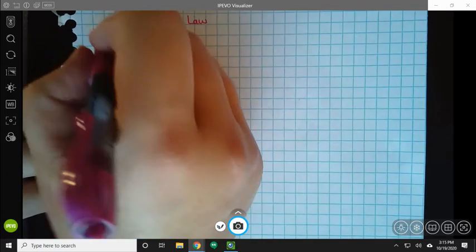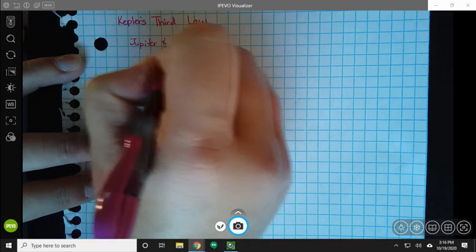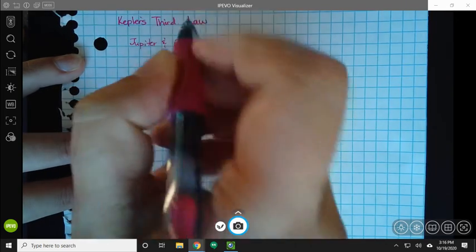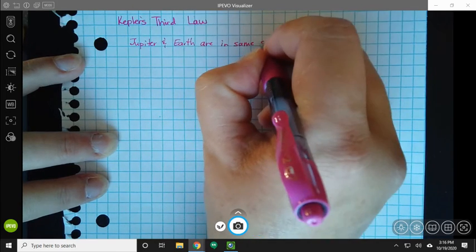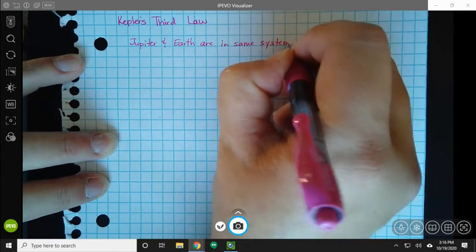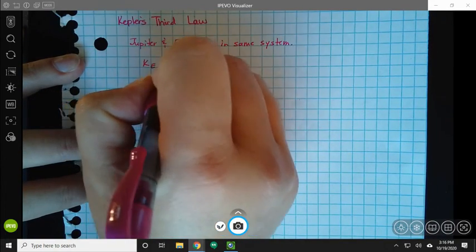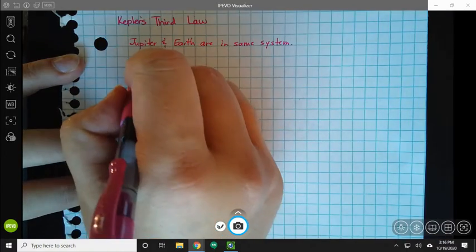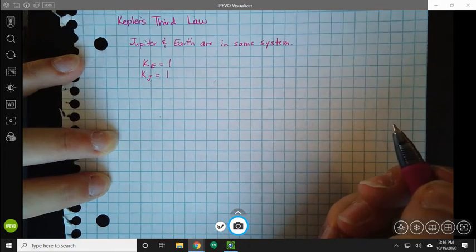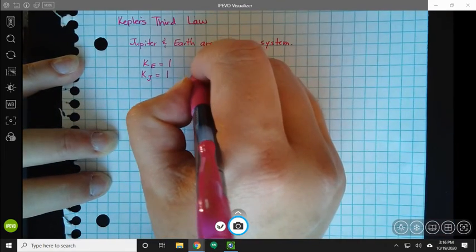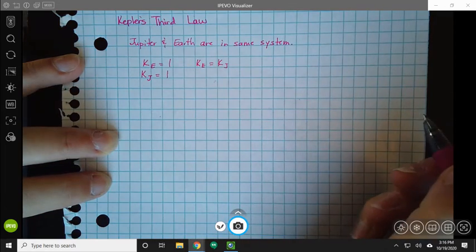So the first thing that we talked about is that we know that Jupiter and Earth are in the same system. Because they are in the same system, we know that Ke is equal to 1, Kj is equal to 1, right? So what we could say about that is that the constant for Earth is equal to the constant for Jupiter.